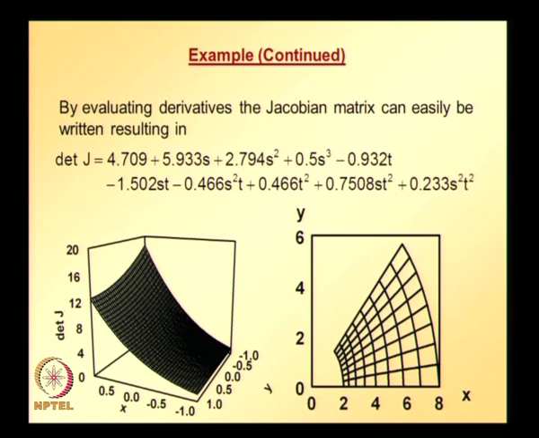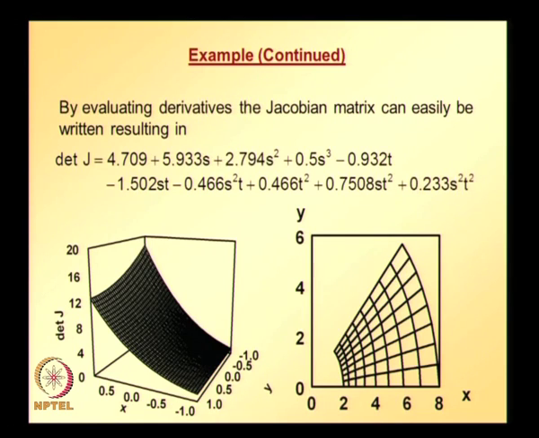So, mapping is fine. So, we have two evidences, one is determinant of J greater than 0 and the other one is the plot of x y. Both these evidences show that mapping is good.